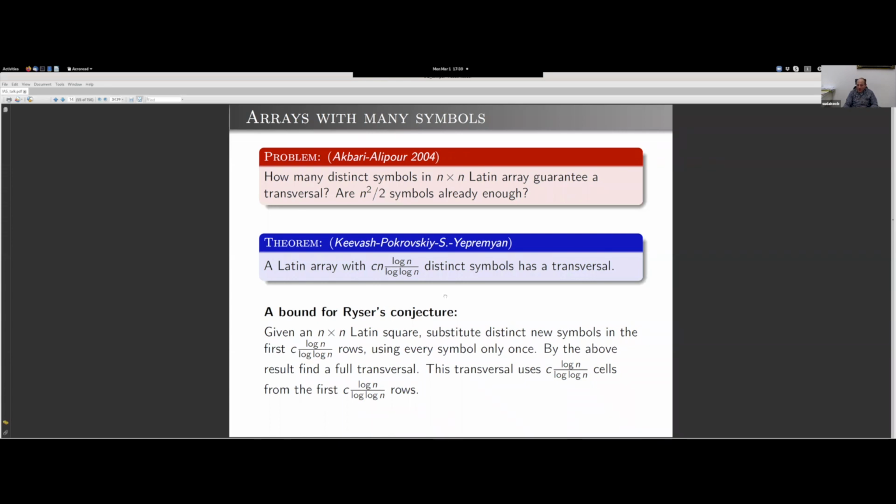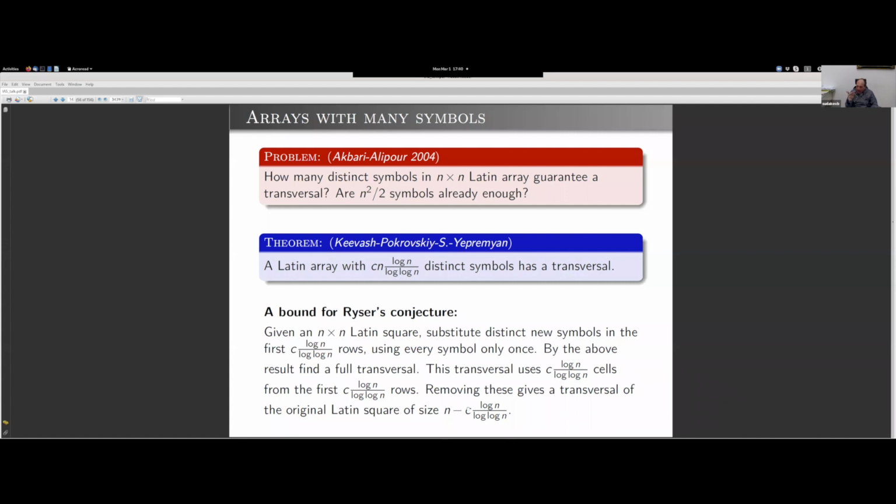By the above result, this Latin array should have a transversal. Now look at this transversal. Because it takes one symbol from every row, it can use at most log n over log log n symbols from the first log n over log log n rows. And these were fake symbols, so I obviously cannot take them into account. But if I remove them, the rest is a genuine transversal of the original Latin square, and it has size n minus a constant times log n over log log n.